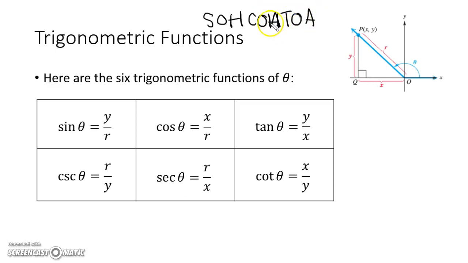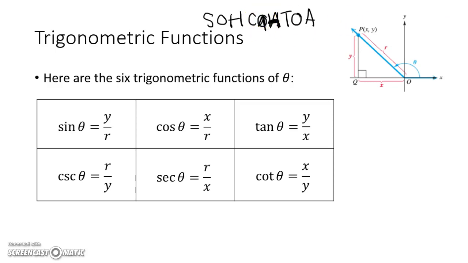I spelled that wrong. We're going to pretend that was an H. I know how to spell. So sine of theta is y over r, opposite over hypotenuse. That's the same one. Cosine of theta is x over r, which you may have remembered as adjacent over hypotenuse.